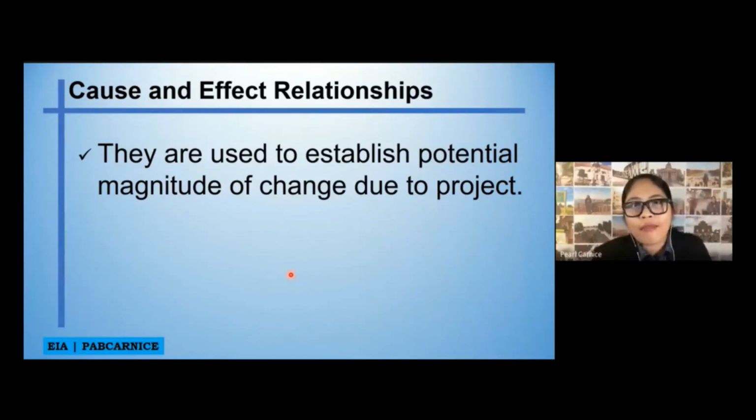So we have to consider what will be the effect of your project, and identify the magnitude, if it's really your project or impact that causes that specific impact.